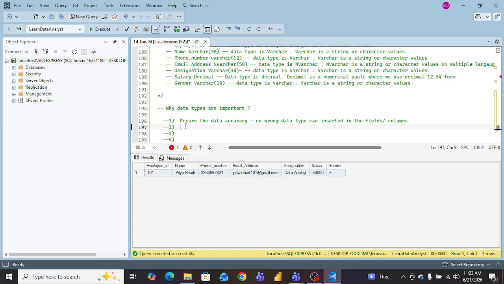You don't need to think which box to use. This box is for tea, this box is for sugar, this box is for ginger, this box is for milk, and you will not waste your time. You quickly pick up your box and make the tea. This ensures data accuracy, so there will be no confusion.